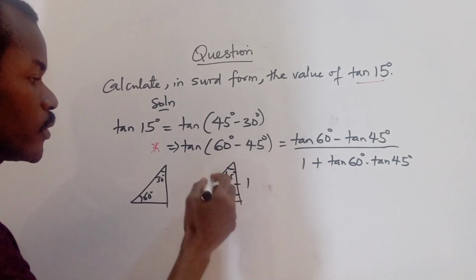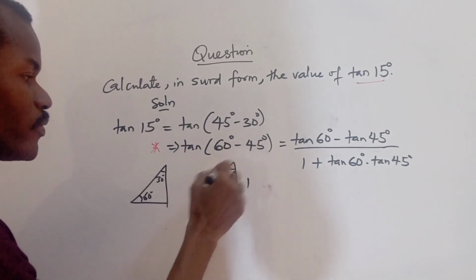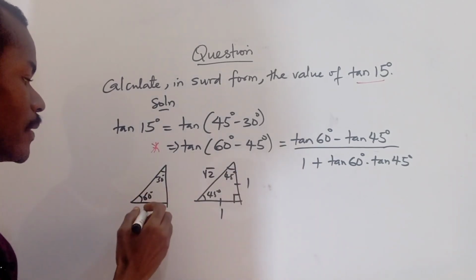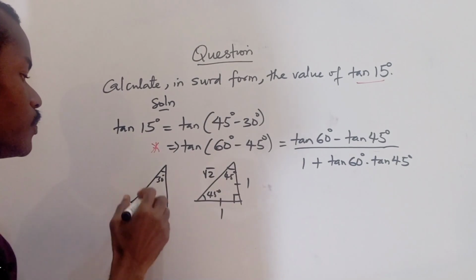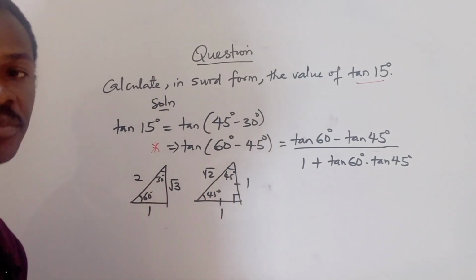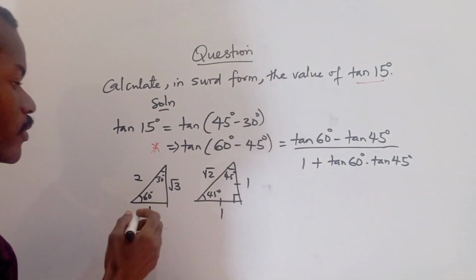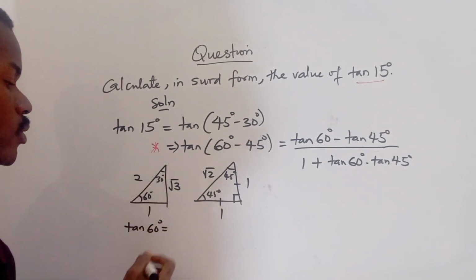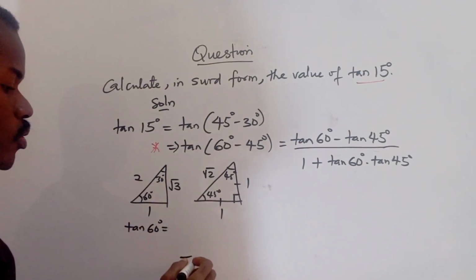And by Pythagoras, applying it to find the hypotenuse, this is square root of 2. For the other triangle, we have this side as 1, this side as 2, and this side as square root of 3. From this, I can get my tan 60 degrees.